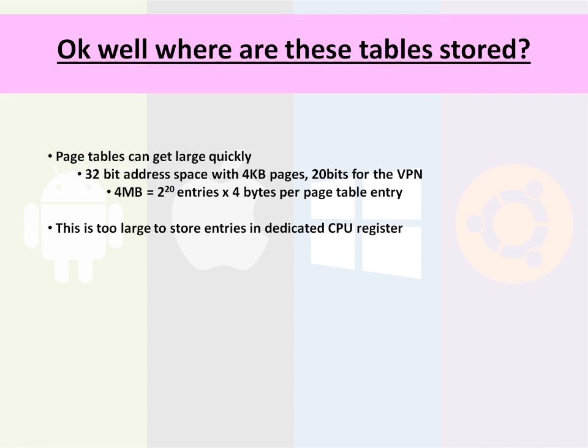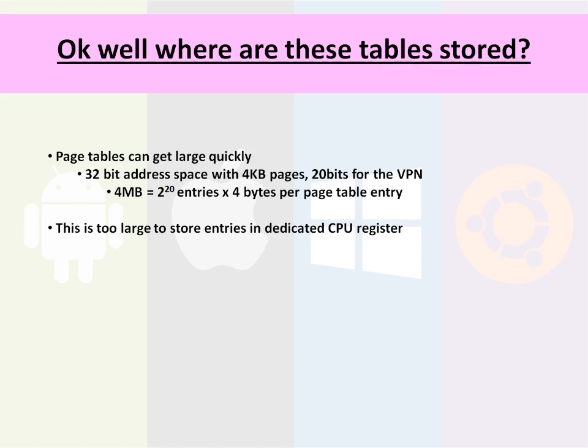Okay, well, I alluded to this a little bit, but where are these tables stored? And this brings up a bit of the problem when it comes to paging. The reason for this is that page tables can get large quite quickly when you have many more pages.